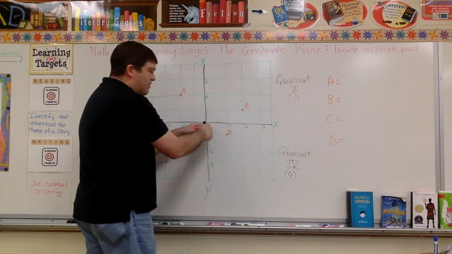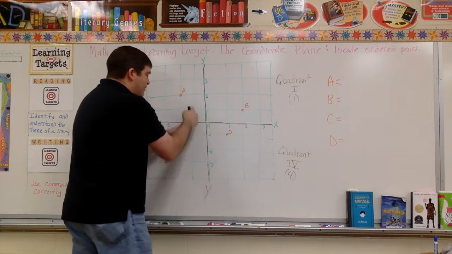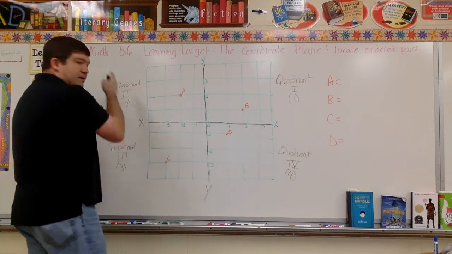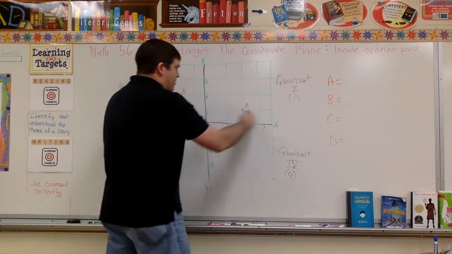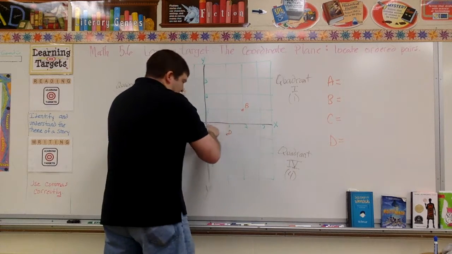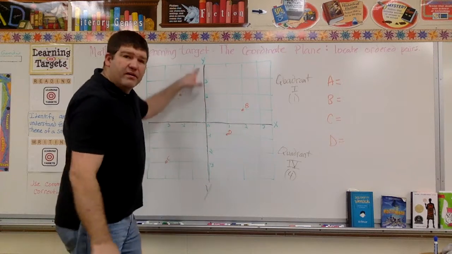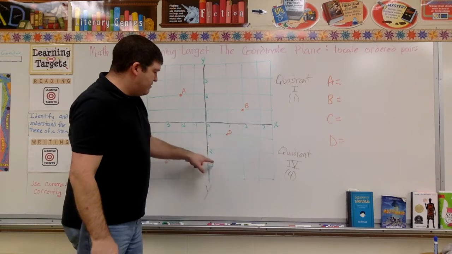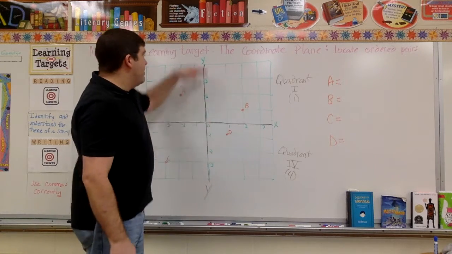But if I start at 0 here and I go this way, it's getting less, negative. Negative 1, negative 2, negative 3, and so on, okay? So that's going on the x-axis. But if I go like here, like a thermometer, and I'm at 0 here, this one's going to be negative 1, negative 2, negative 3, negative 4. I'm going down from 0.